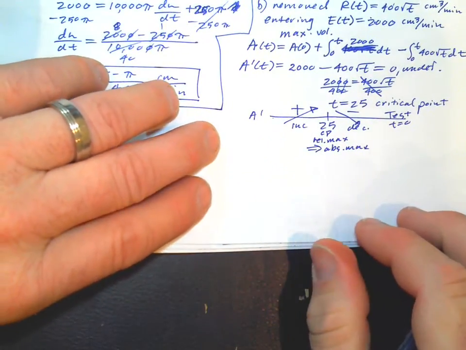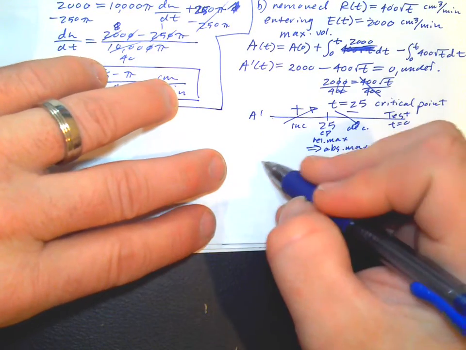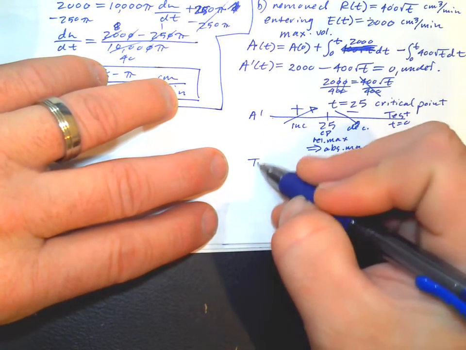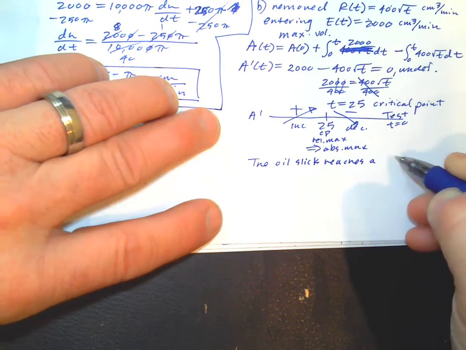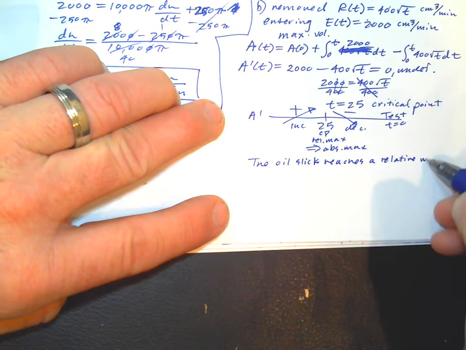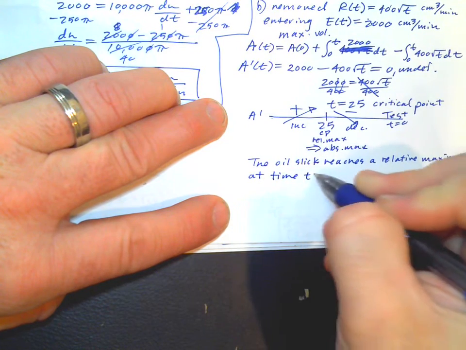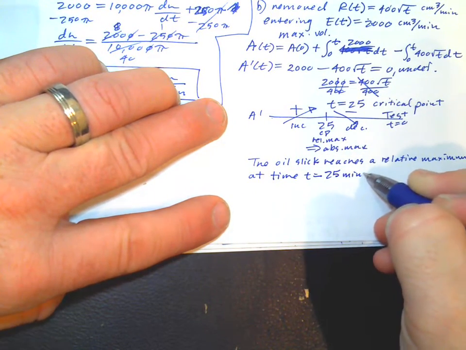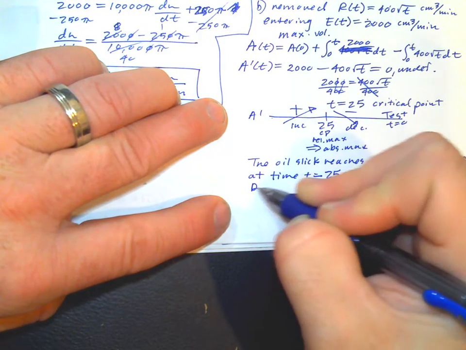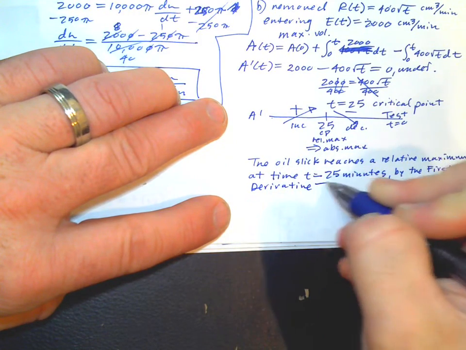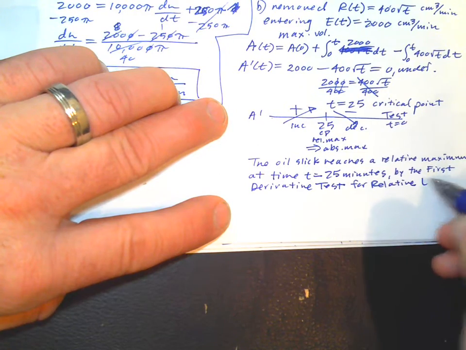Now, justifying that's a little hard. We're just looking for the time, so we say the oil slick reaches a relative maximum at time t equals 25 minutes by the first derivative test for relative extrema.